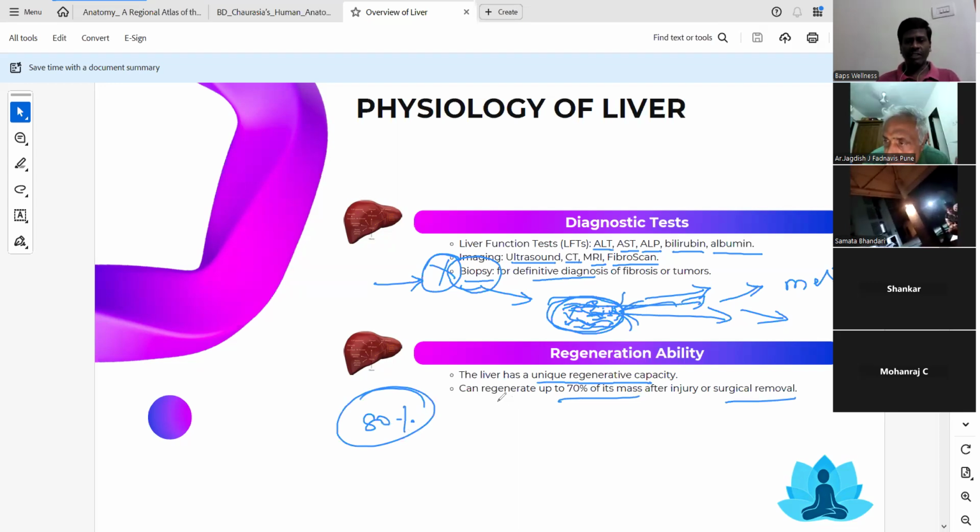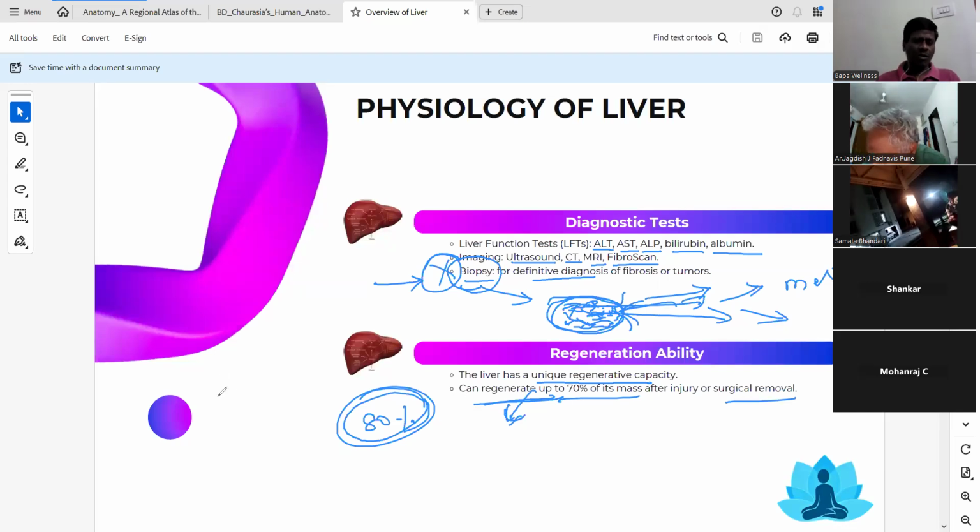It is good that it can regenerate. As it is regenerating and also fighting the root cause which damages the liver cells, as long as it can pull through up to 80% of the damage, you will not know any symptom.